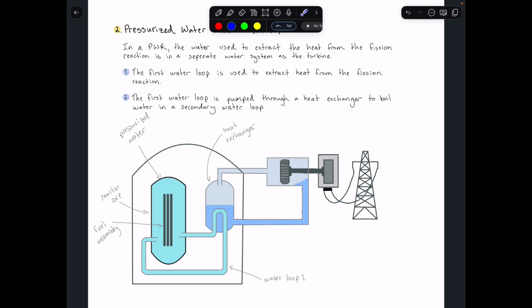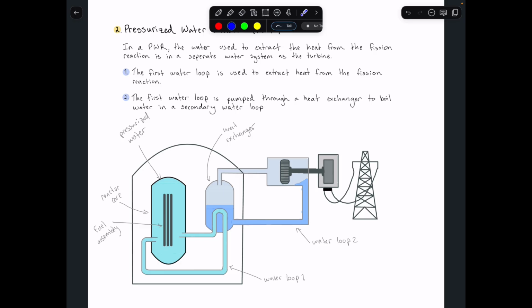So the water that's in this secondary loop here never touches the water in this primary loop. The heat is transferred between pipes that go through the heat exchangers. So let's label this as water loop 2.